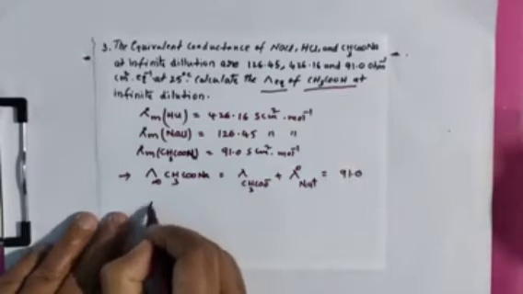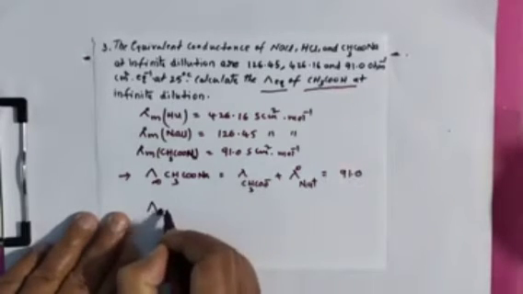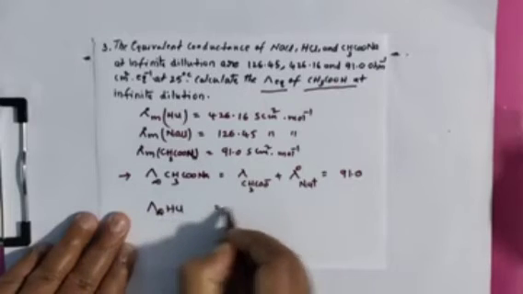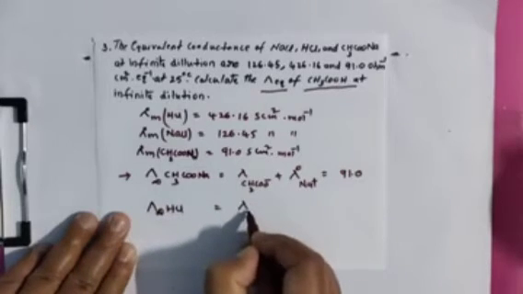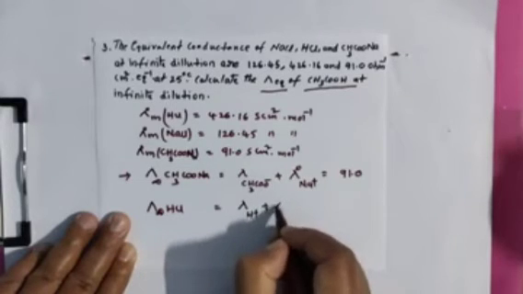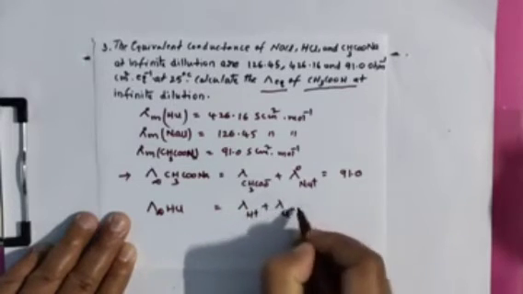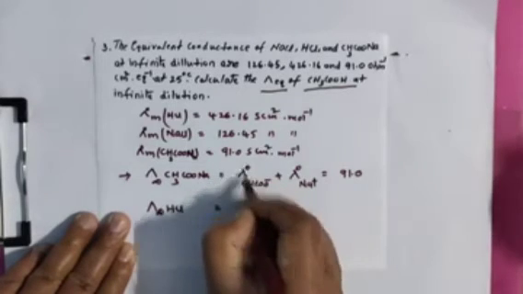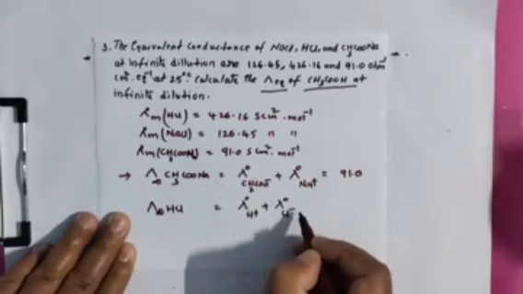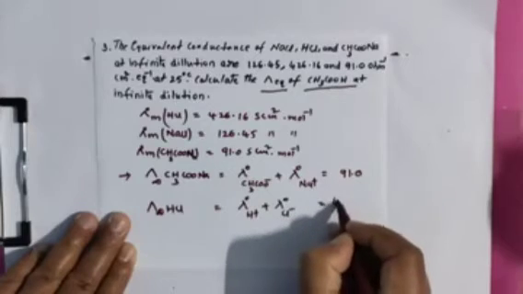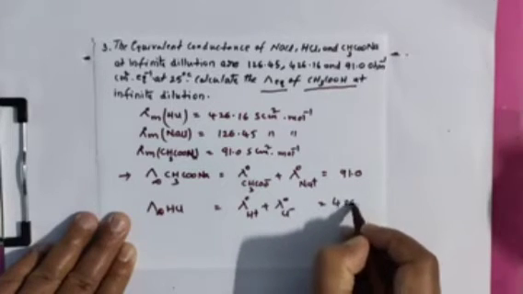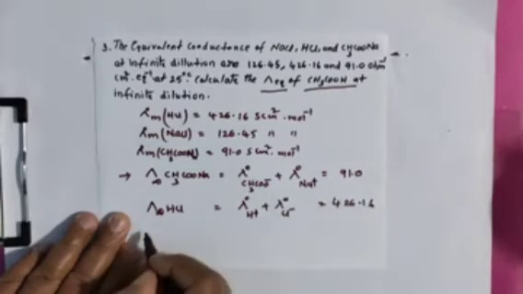And similarly, infinite dilution HCl is equal to lambda H plus plus lambda Cl minus, how much given? 426.16.